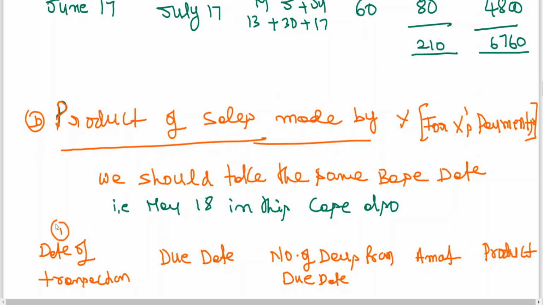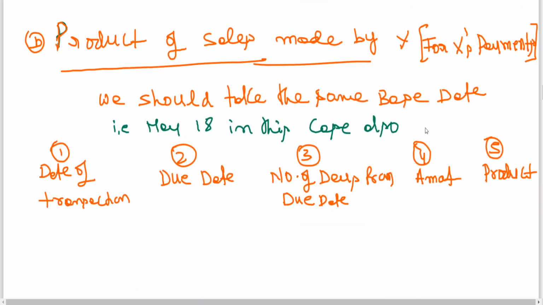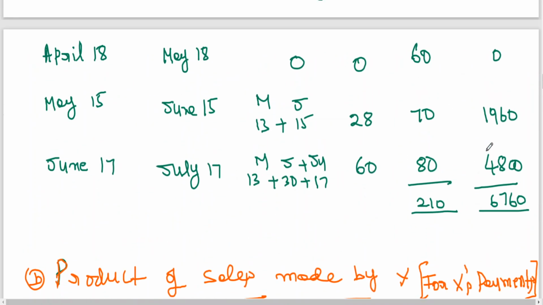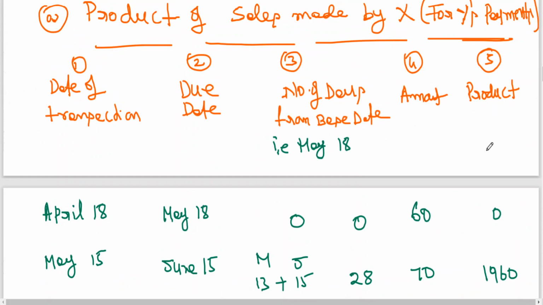Amount, product: column 1, 2, 3, 4, 5. How you are getting product, you know? Three into 4. Here also, how you are getting product?